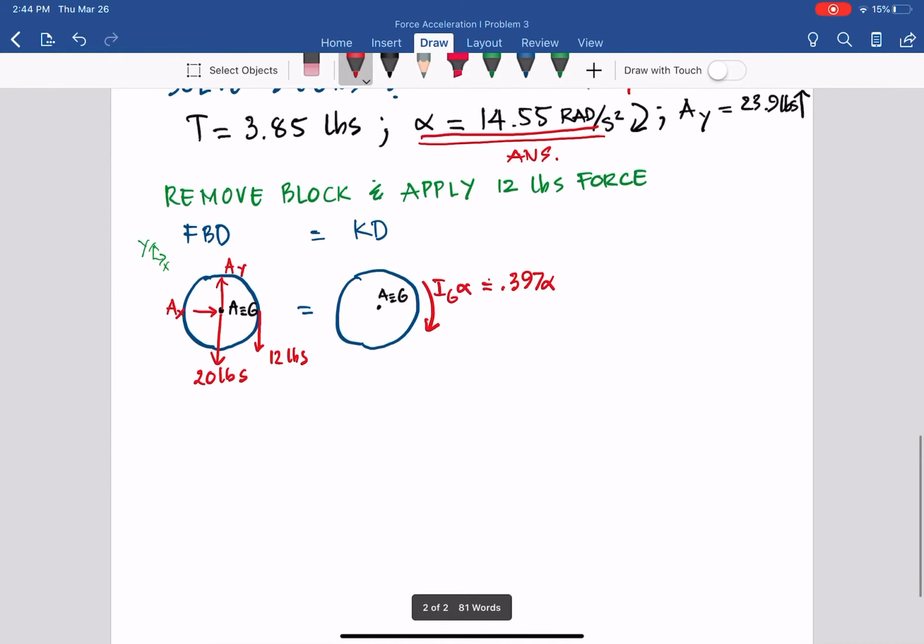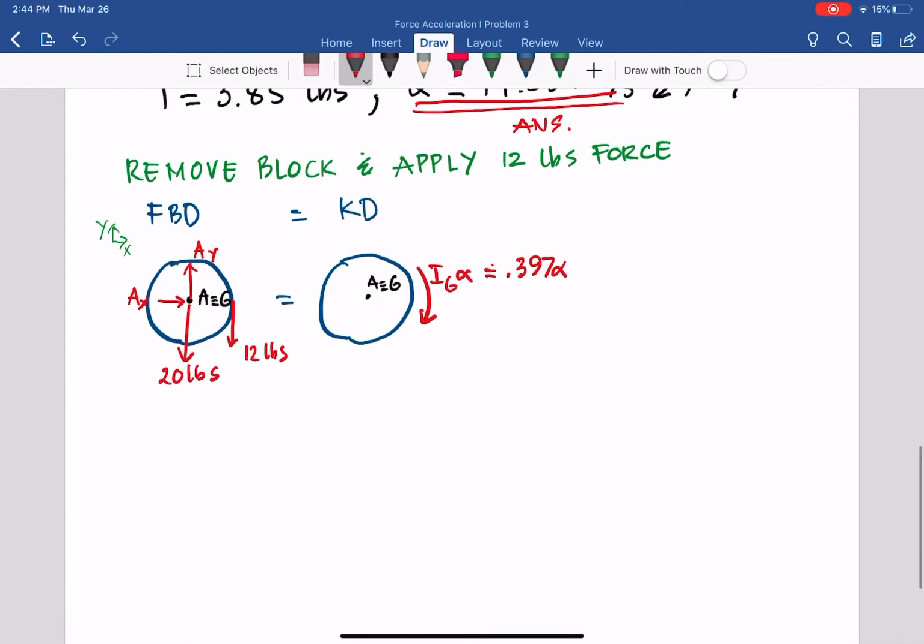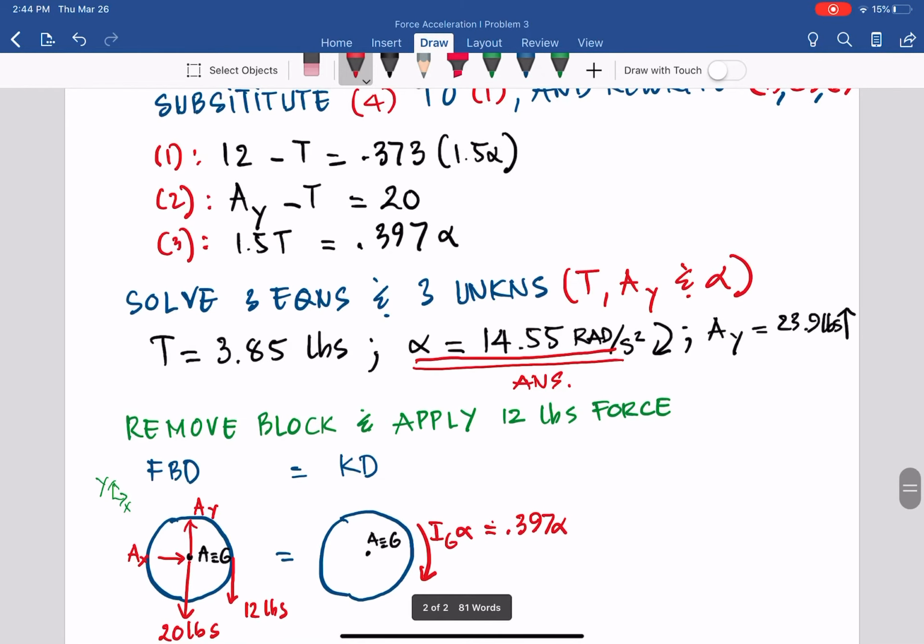So from that you just need to find alpha. Of course you can use the sum of all the forces in x and y direction, but we don't need A_x, A_y. If you want, you can go back to here to do the same there.